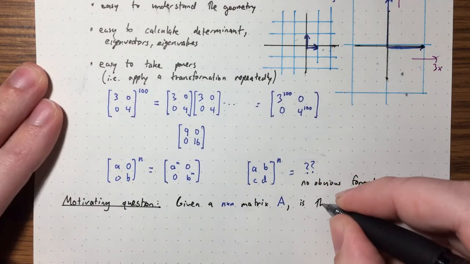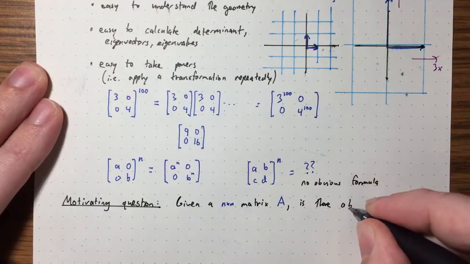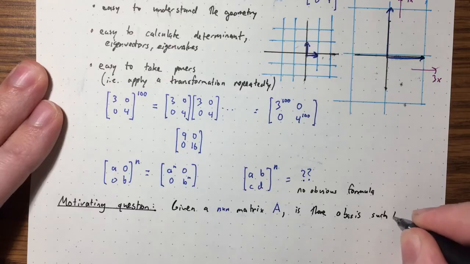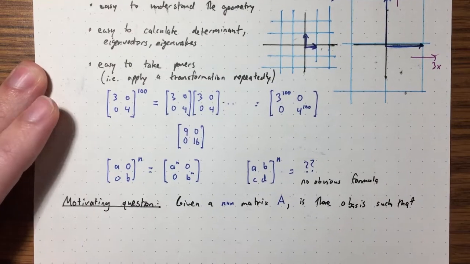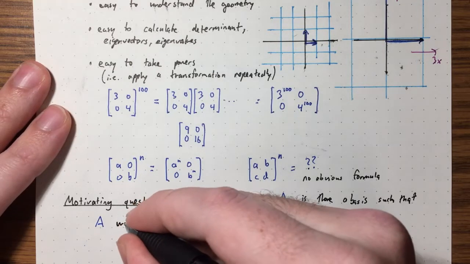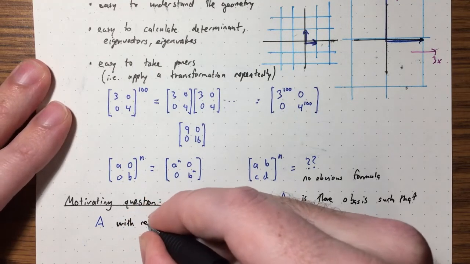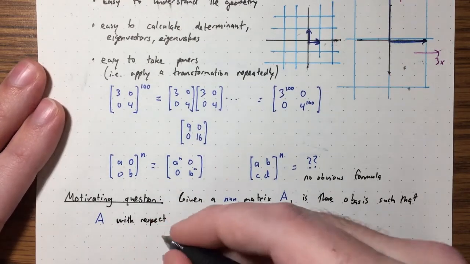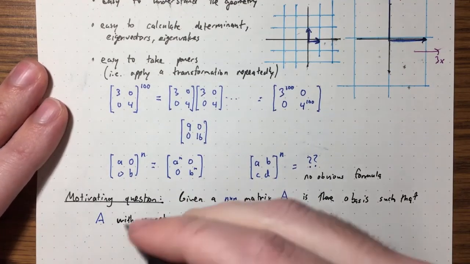is there a basis such that A with respect to this basis. This is a change of basis from the previous lecture, so make sure you go back and watch that lecture before you see this one.